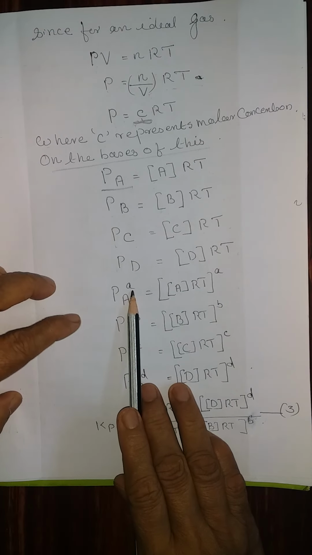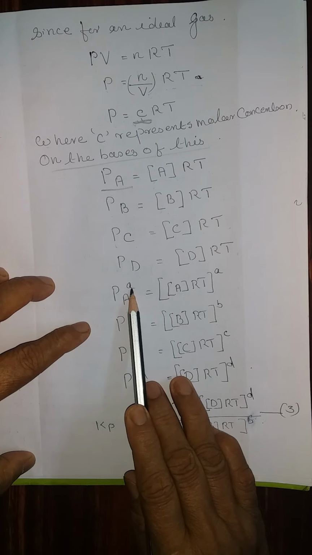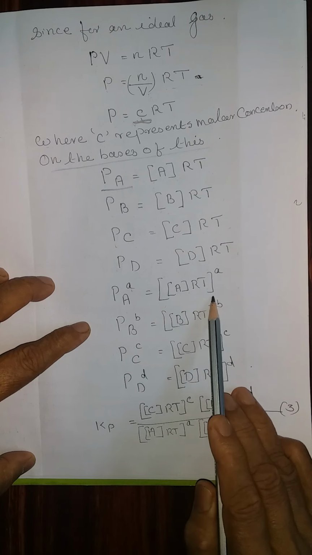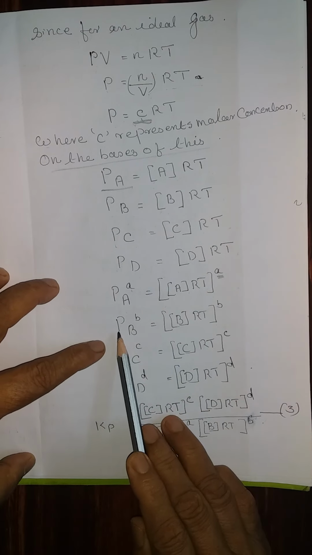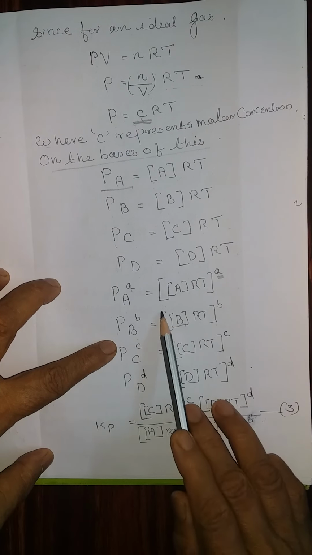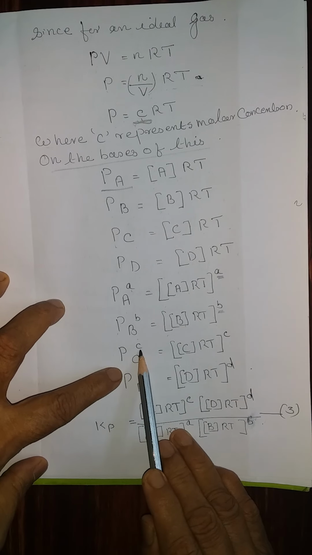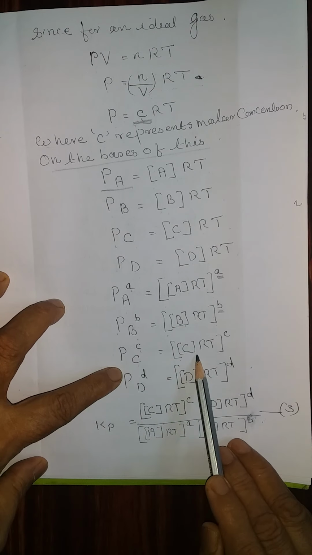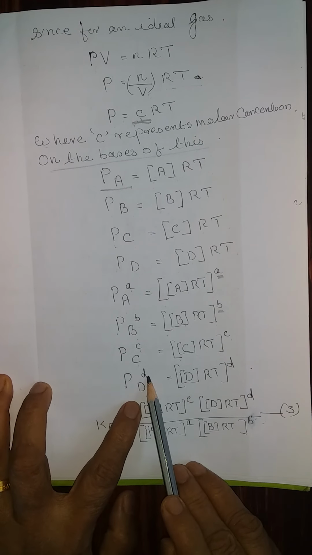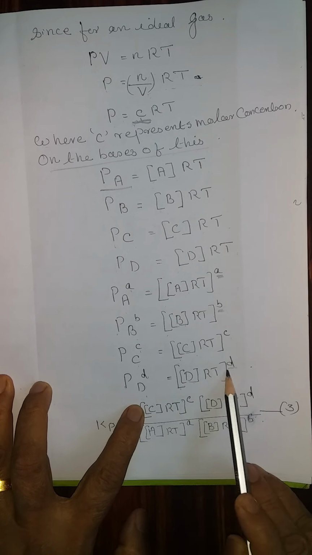Now, we are using the stoichiometric factors. PA raised to the power a is equal to concentration of A times RT, put a bracket, raised to the power a. PB means concentration of B times RT raised to the power b. PC raised to the power c means concentration of C times RT raised to the power c. PD raised to the power d means concentration of D times RT raised to the power d.